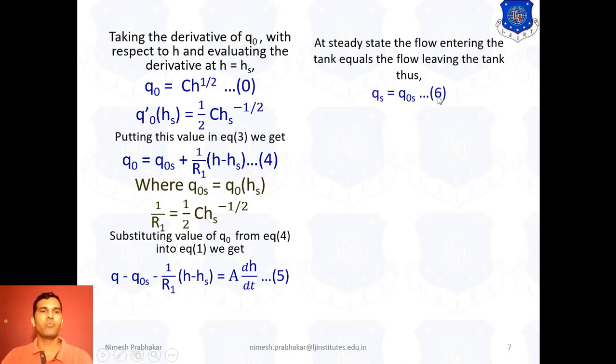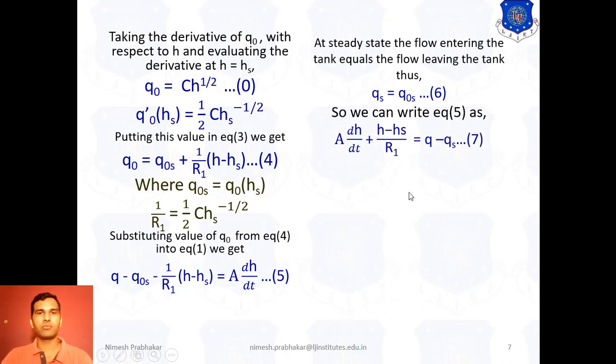Putting this value in equation number 5, we can write A dH by dt plus (H minus Hs) upon R1 is equal to Q minus Qs.